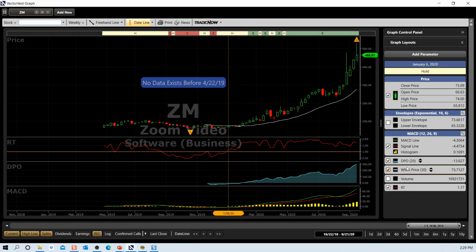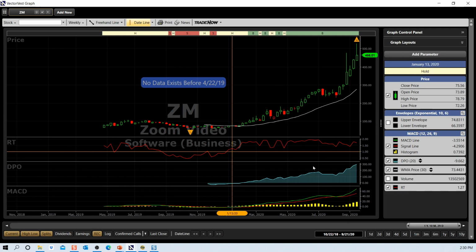DPO positive, oh, not quite positive, it's still at minus 13, so we might have to wait a bit, but the MACD is positive, so with MACD and RT positive, we could go ahead and we're ready to buy. That's at $75, and just look what it's done. So very strong signal, best fit, weekly graph. I love that layout with the Enhanced ProTrader.